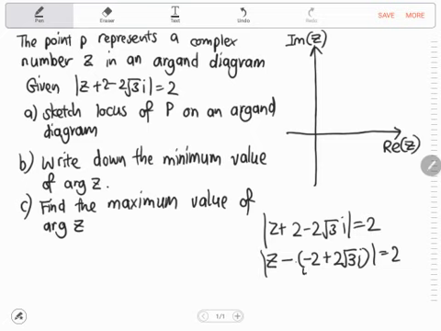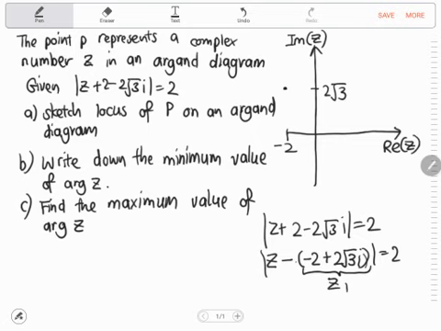Okay, so let's draw this coordinate first. The real part is minus 2. The imaginary part is 2 root 3, so I mark 2 root 3 here. And they say that the distance of this unknown variable Z from this point is equal to 2. So I put a point here, then this is my Z1, and the distance from it is 2.